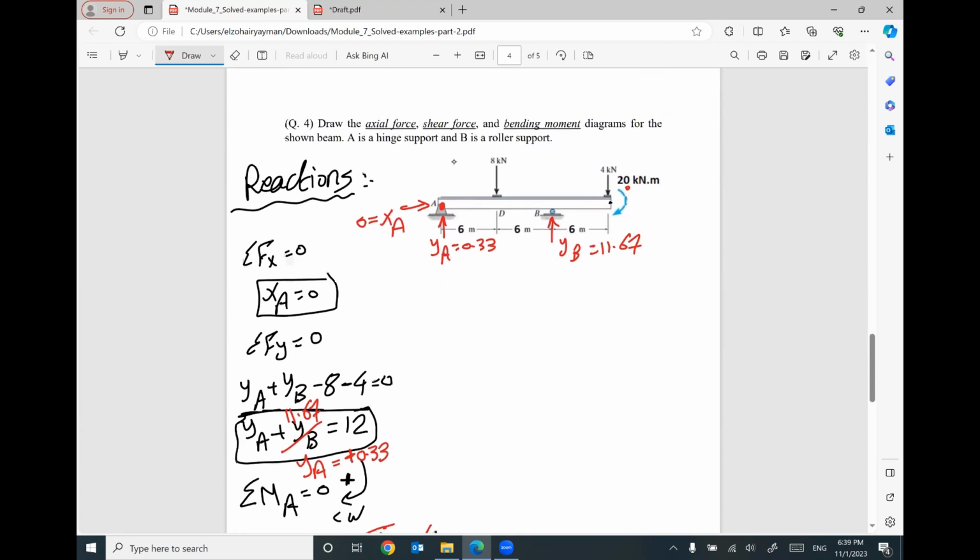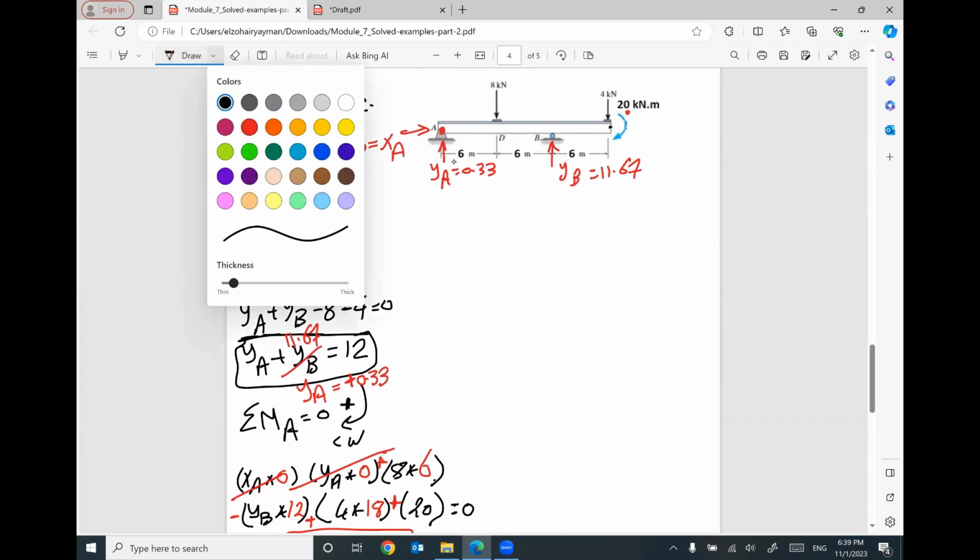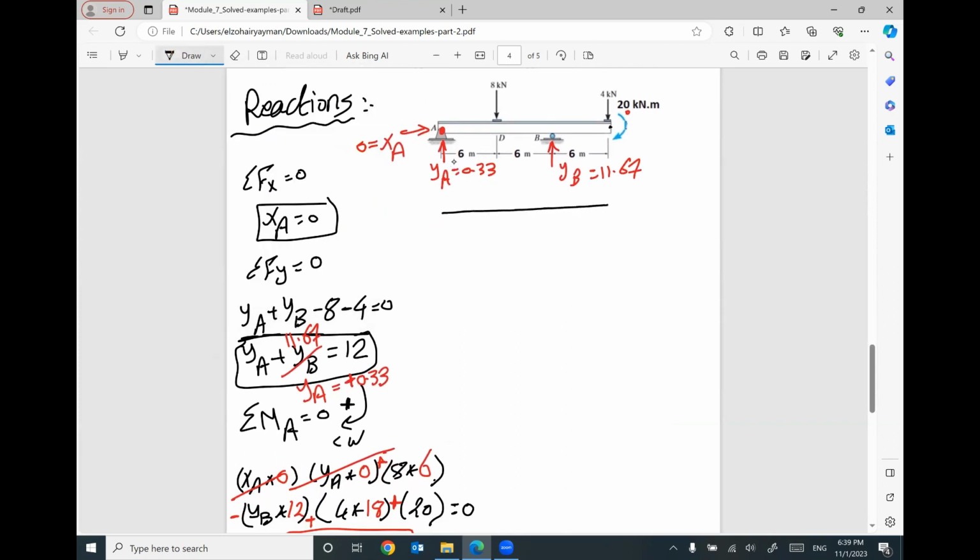Looks like we are good. I will draw 3 reference lines: one for axial force diagram, one for shear force diagram, and one for bending moment diagram. This is how to solve this kind of problems.